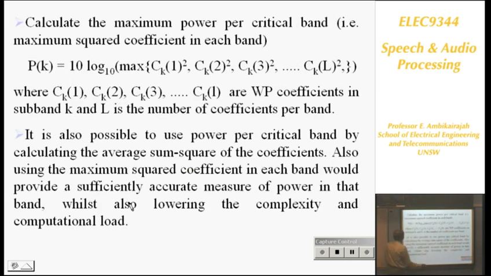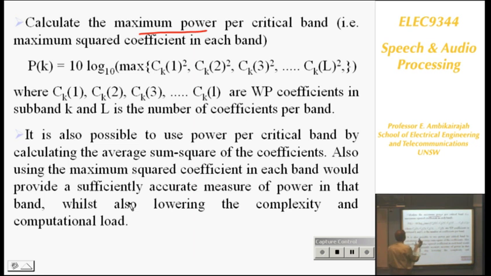What are the steps? Calculate the maximum power. Find out, in each critical band, the number of coefficients coming out of the wavelet packet. Square them up and add them up. You get the energy. Or you can square each wavelet coefficient in each band and find the maximum out of that.